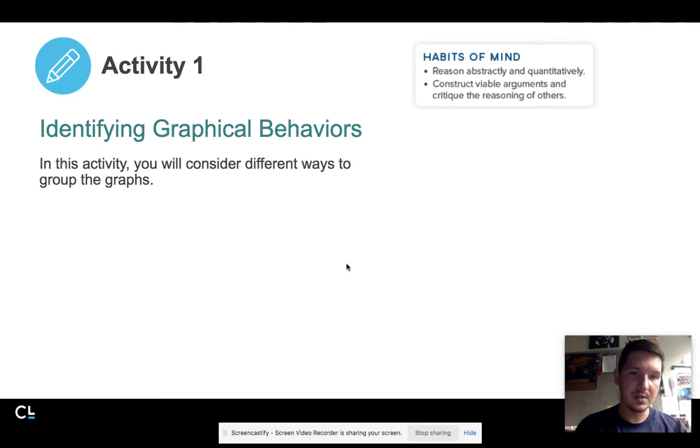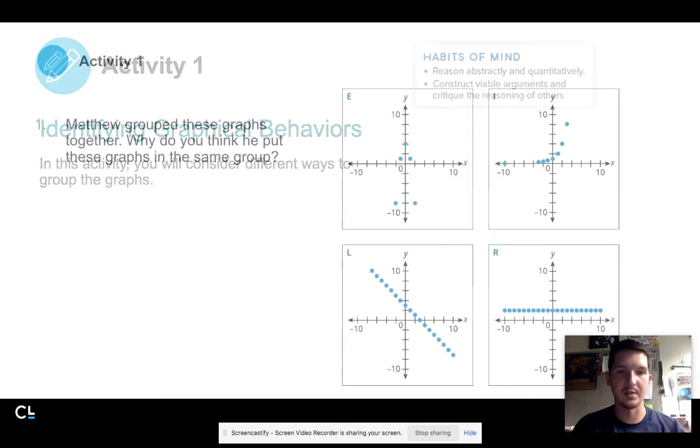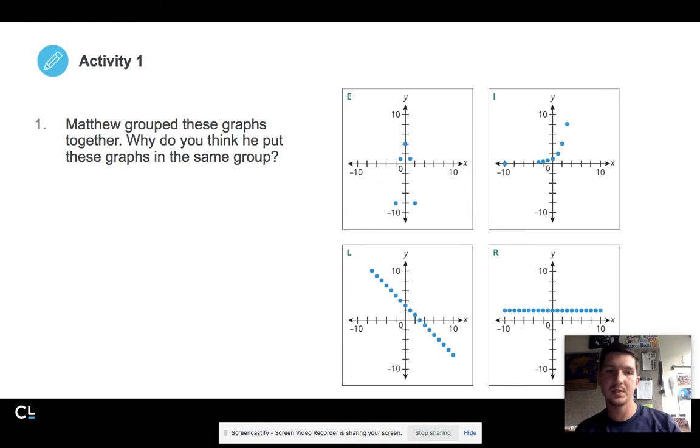So we're going to identify graphical behaviors. Let's start with this one here. Matthew grouped these graphs together, and we're going to try to figure out why we think these are grouped together. So take a second, maybe think about what we already know about coordinate grids, as well as what we're already looking at as far as quadrants. I'm hoping you're automatically seeing that every single one of these graphs isn't connected, right?